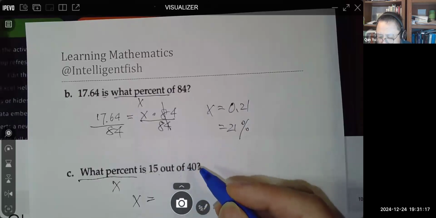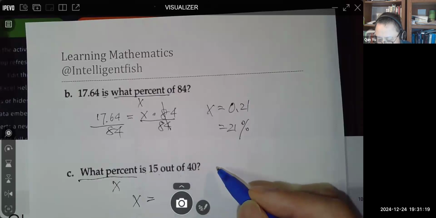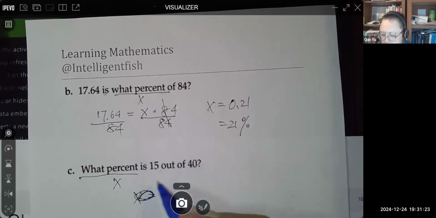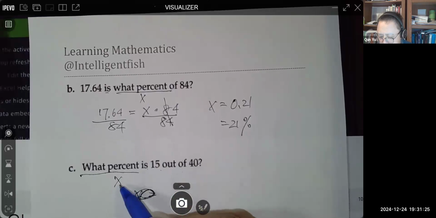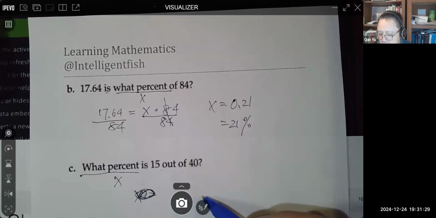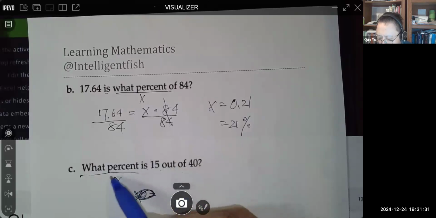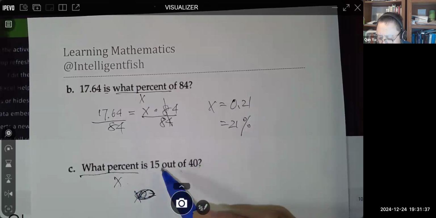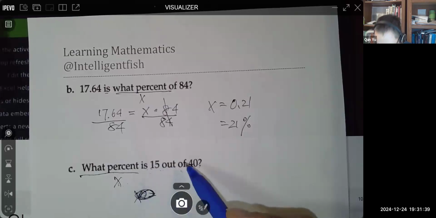It's like 15 divided by 40. This is the whole, this is the part. Or if you write it this way, you don't have to write the percent as the first item in your equation setup. X percent is 15 out of 40. In other words, 15 is X percent of 40.